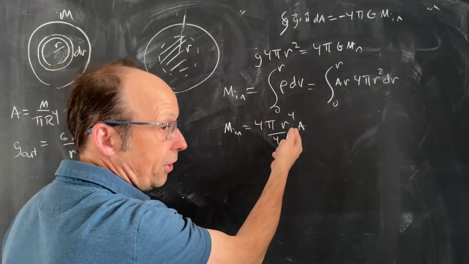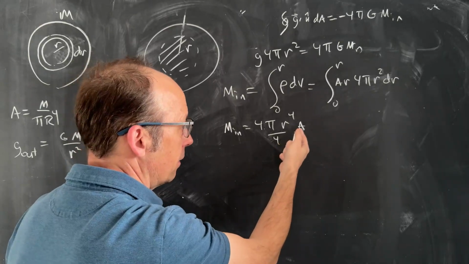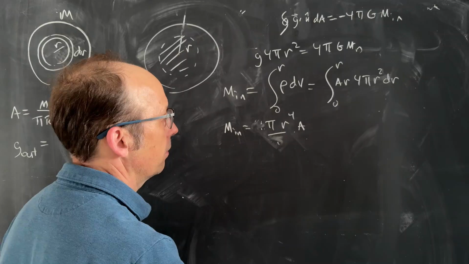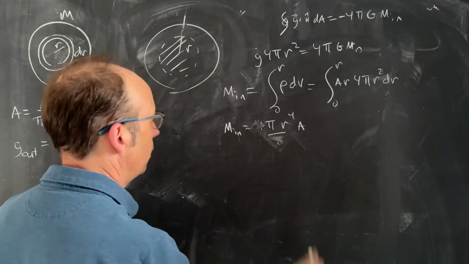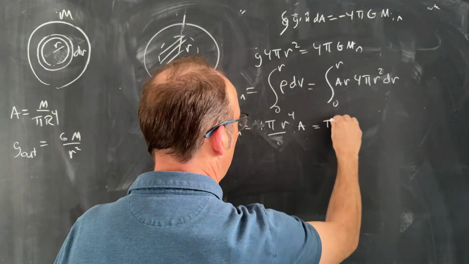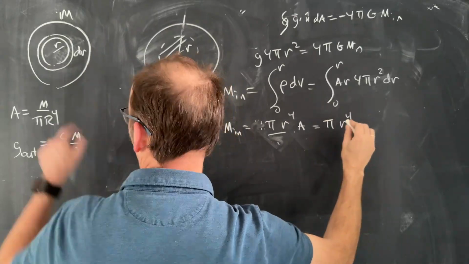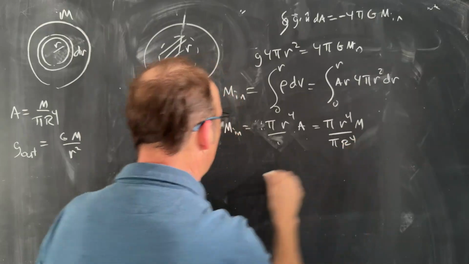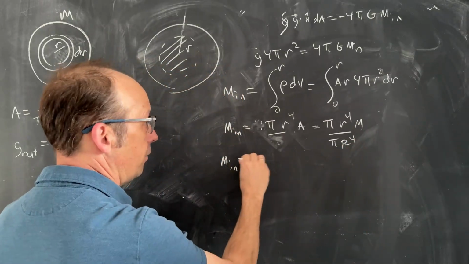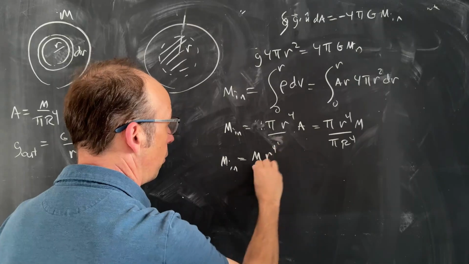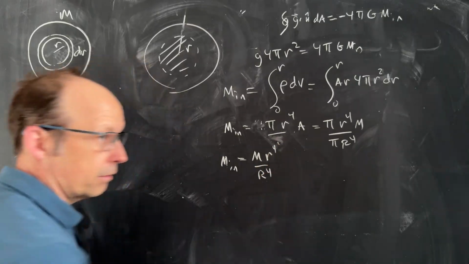Now, let's go ahead and put in our value for a. That cancels. So this is going to be m over pi R to the fourth. So m_n is just going to be equal to m r to the fourth over R to the fourth.